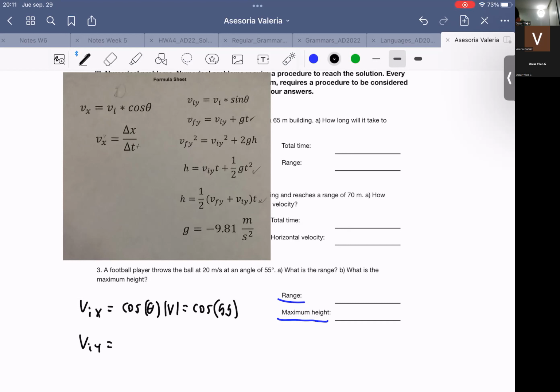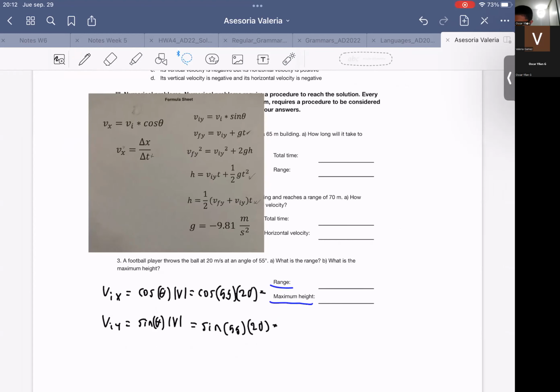What's the value of the velocity? 20 meters per second, perfect. Later we calculate it for y. For y, what is the formula? Sine of the angle times the velocity. So basically, we are going to get the sine of 55 times 20. Perfect. Now we get both.